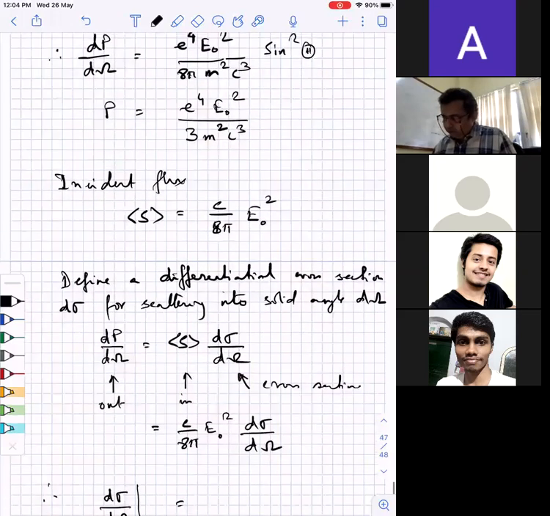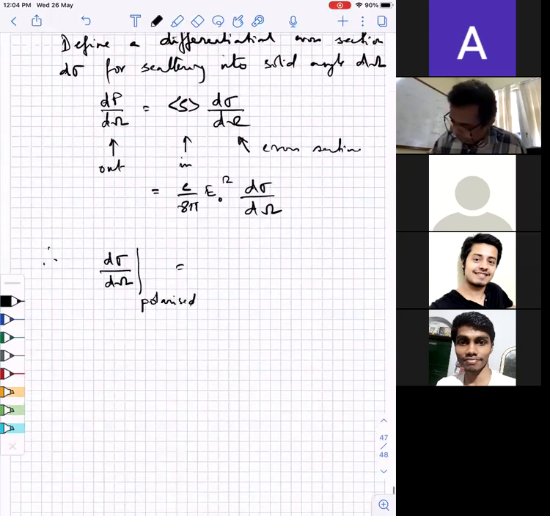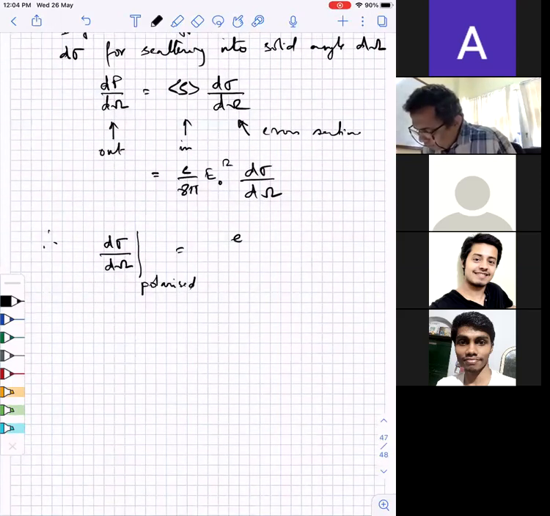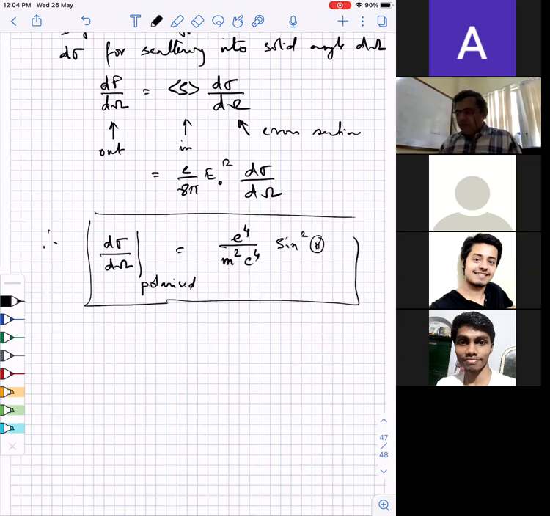So it is e to the fourth by m squared c to the fourth, sin squared. So this is the differential cross section for Thomson scattering. It's an important quantity, and it's very much used in particle physics, wherever there is electron scattering.